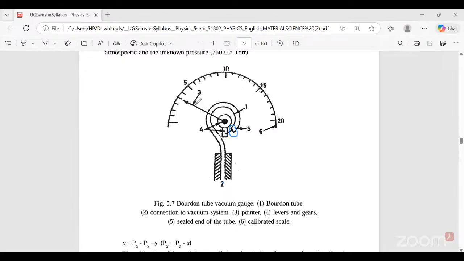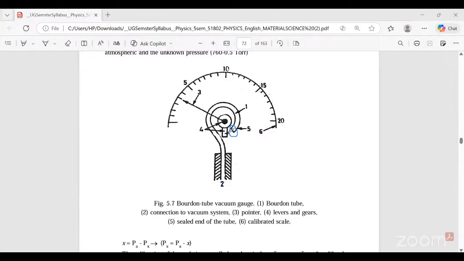Generally, the unknown pressure PX can be obtained as PX = PA minus the indicated difference. The calibration of the scale is generally in inches of mercury from 0 to 30, where 0 represents atmospheric pressure and 30 represents a vacuum.